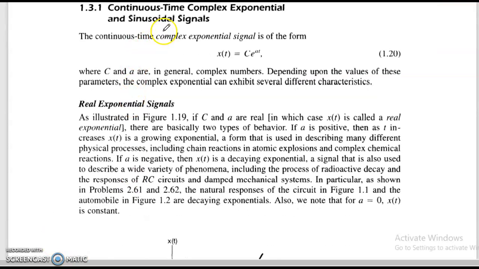Continuous time complex exponential and sinusoidal signals.